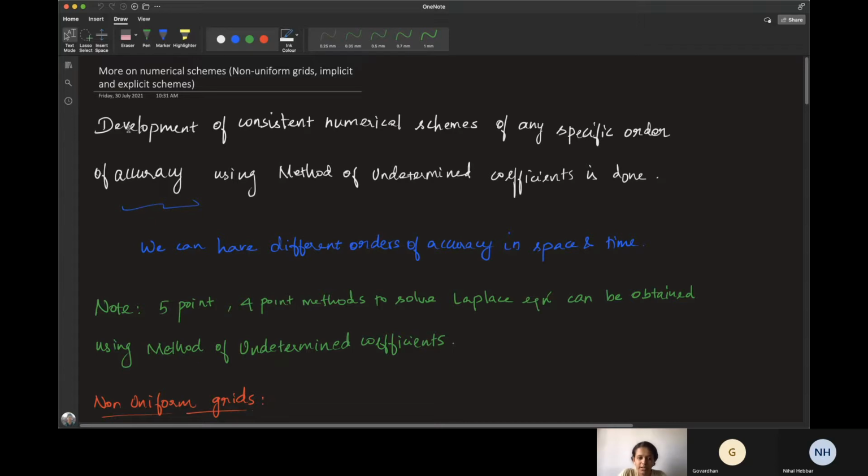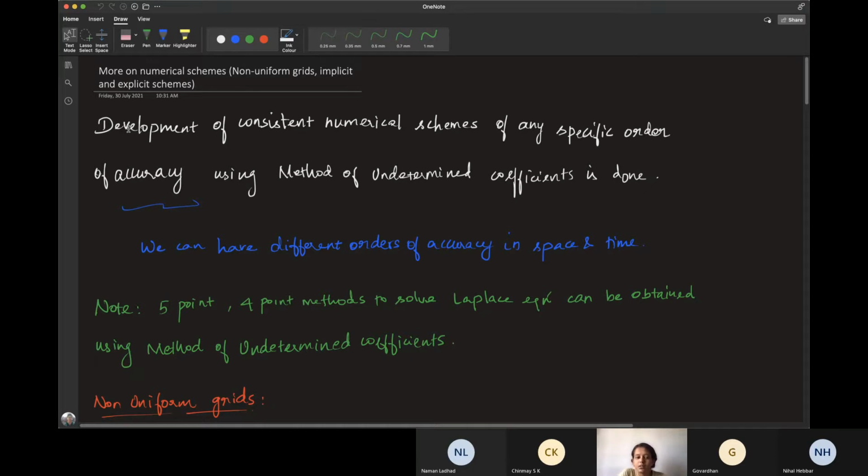According to that, if you are given a governing equation, that is a differential equation, and you are asked to approximate it by some other difference equation of some specific order of accuracy, you can do it just by taking some points and approximating each of the derivatives in that equation by difference operators. When you do that with some specific order of accuracy, your whole difference equation will be of the same order of accuracy.